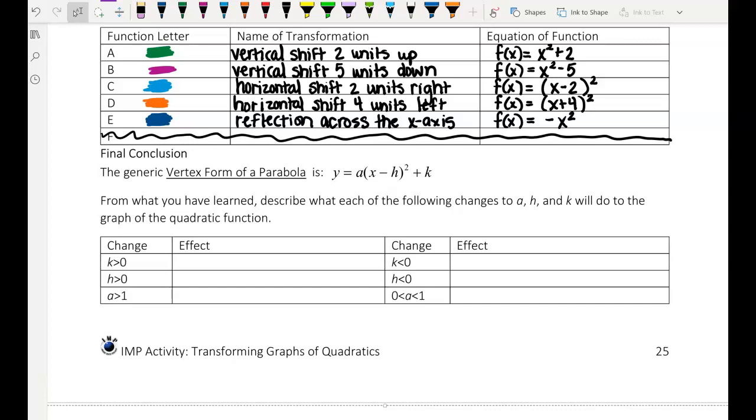Look at your formula right here. Where is your k value? K is that last one. That affects your up, down. So this moves your parabola up. So if k is negative, what does it do? Moves the parabola down.